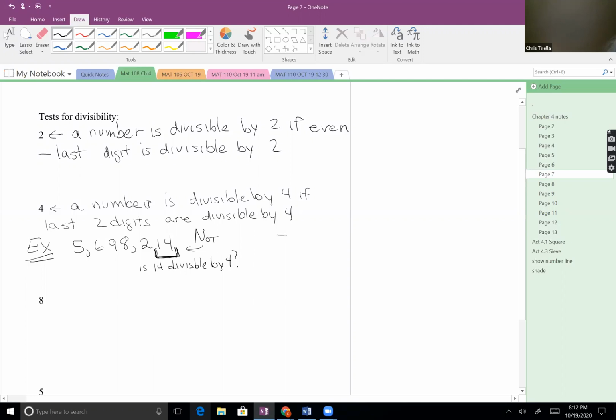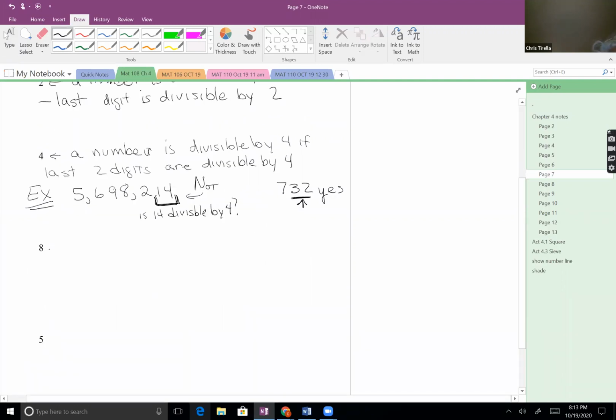Instead, if I have a number like 732, I'm just going to look at the last 2 digits. Is 32 divisible by 4? Does 4 go into 32 evenly? Yes. And so since 4 goes into 32, 4 will go into 732. So to tell if a number is divisible by 4, we look at the last 2 digits.